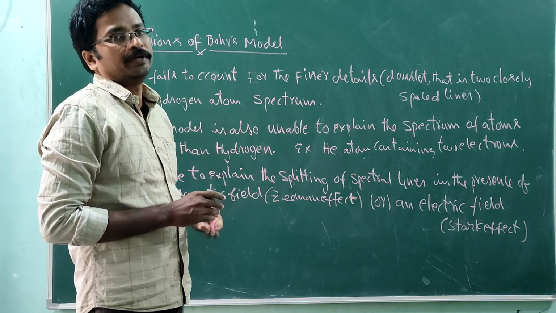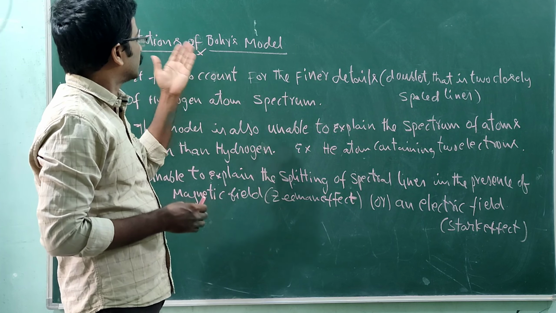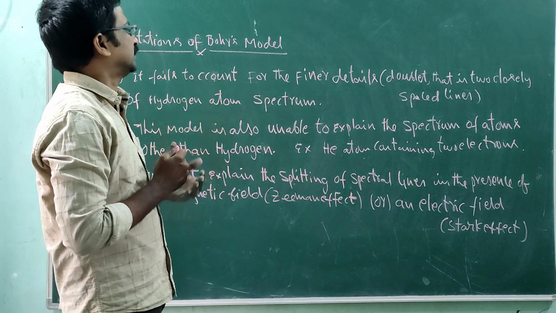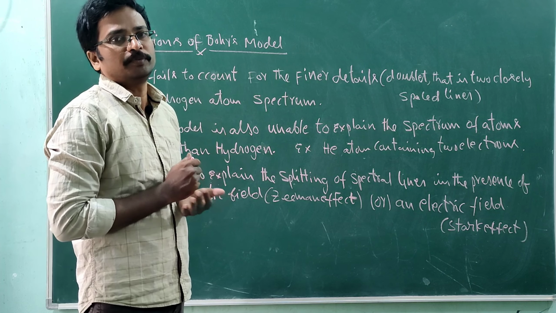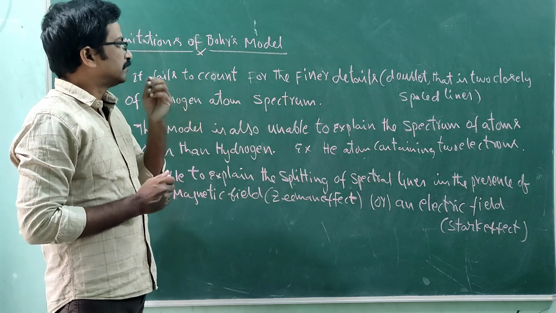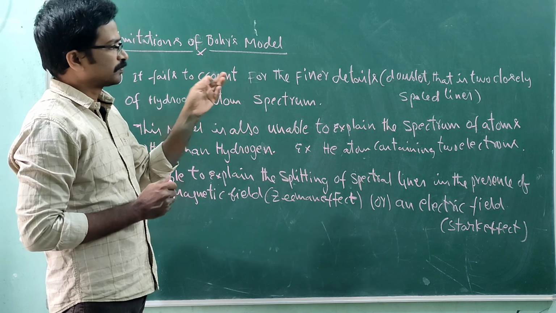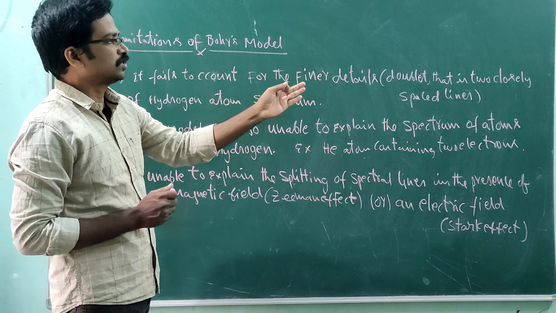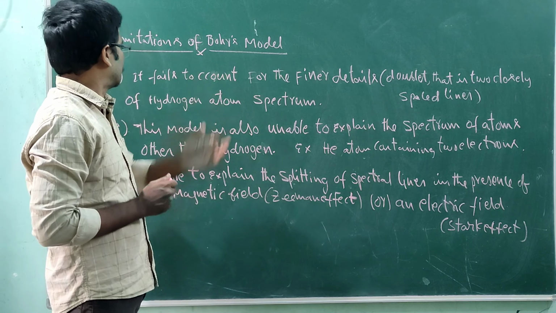Limitations of the Bohr model. There are certain limitations in the Bohr model. What are they? It fails to account for finer details, such as the doublet, that is, closely spaced lines of the hydrogen atom.